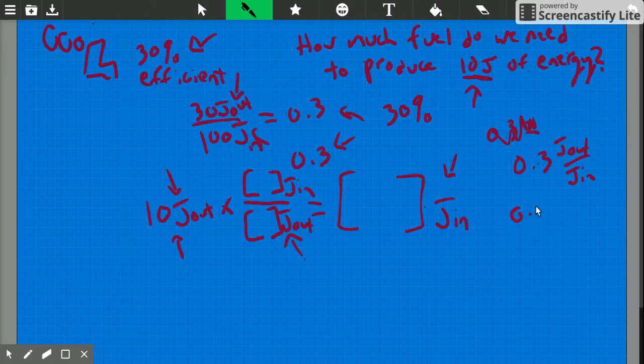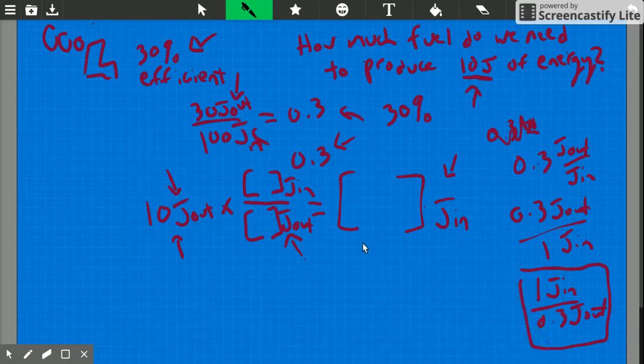So I'm going to think about it this way. I could think of this conversion factor as 0.3 joules output for every 1 joule in. And I could create another conversion factor just by finding the inverse of this. So 1 joule of input is equivalent to 0.3 joules output. And this is a conversion factor that works really well for this problem. So 10 joules of output times 1 joule in for every 0.3 joules out.